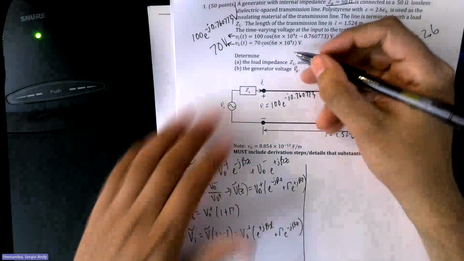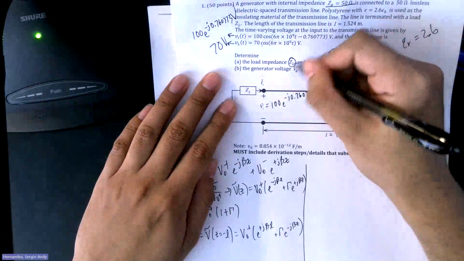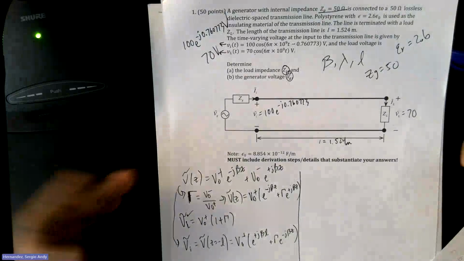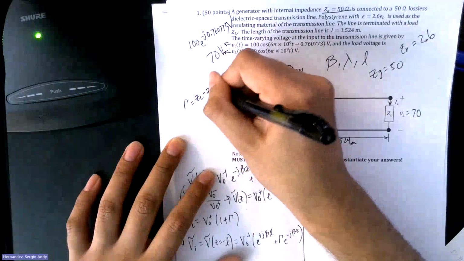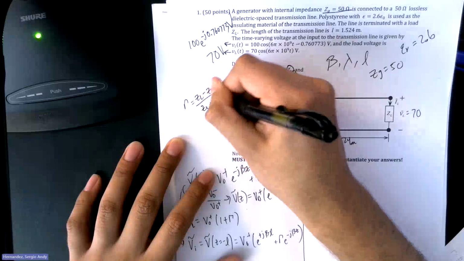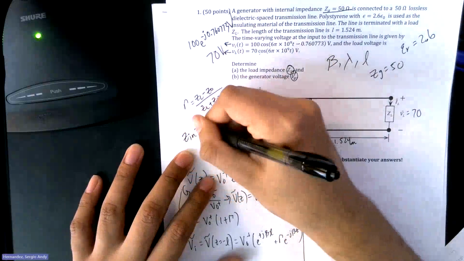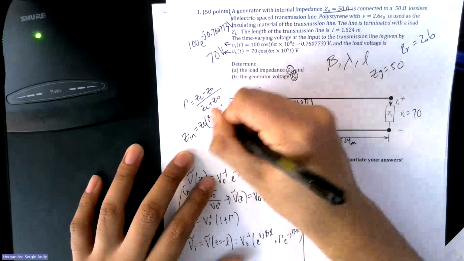Part A, he wants us to find ZL. Part B, Vg. So what are all the equations that deal with ZL? It's gamma equals ZL minus Z naught over ZL plus Z naught. And then your Zn equation is reliant on that normalized load impedance, right?